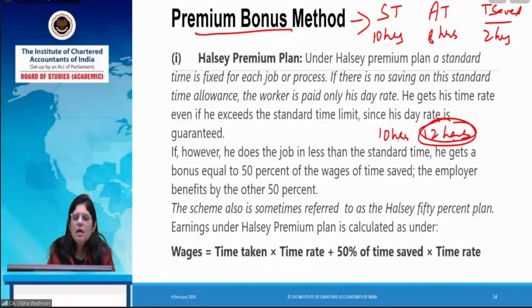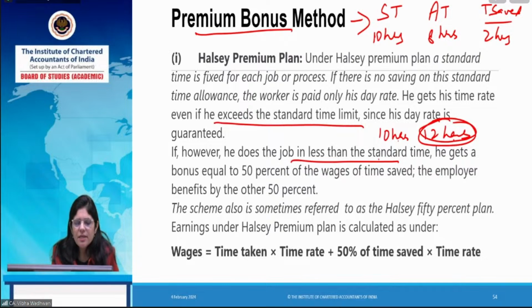All right. So he gets his time rate if he exceeds the standard time limit. Since his day rate is guaranteed, you will get paid even if you did the work in more time, but you will not get a bonus. So if he does the job in less than the standard time, he gets a bonus equal to 50% of the wages. So this part is the bonus part.